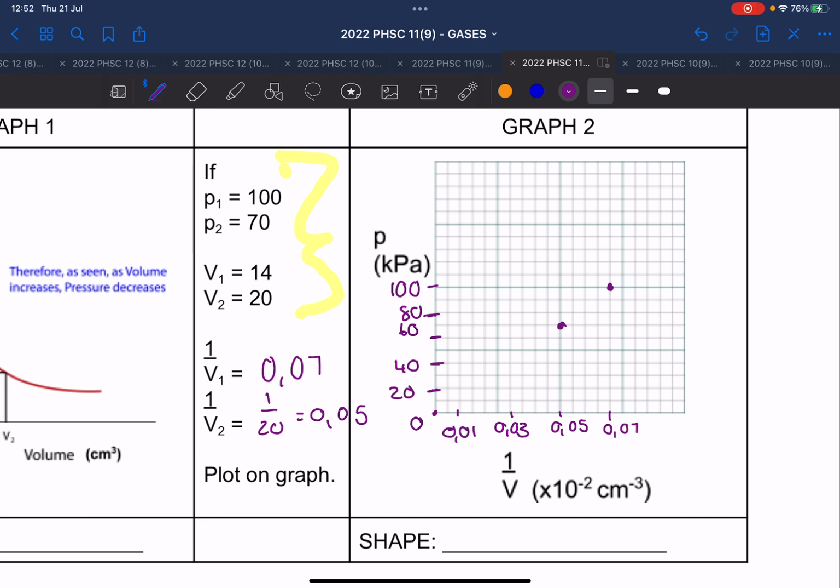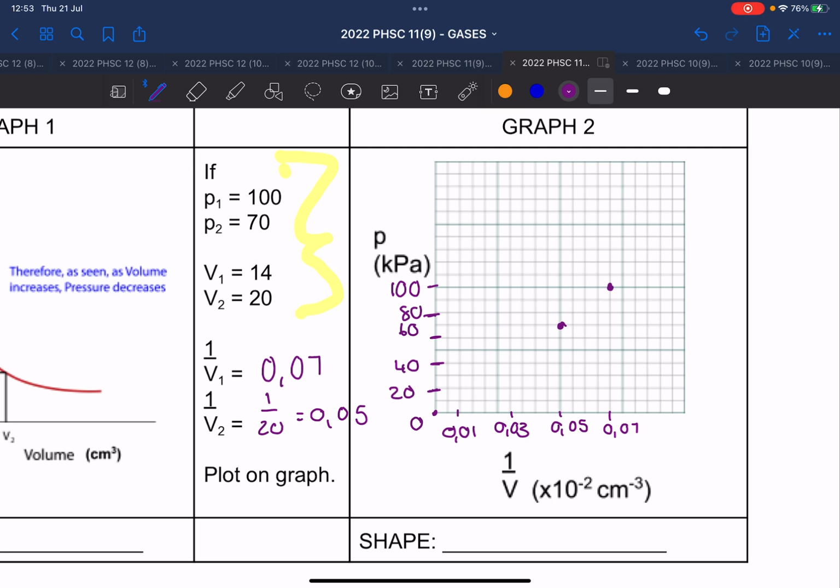Okay, we can't really know what is happening now, so we need one more point. Do you think they both go through 0? Can 0 be another point? If the pressure is 0, what will 1 over V be?